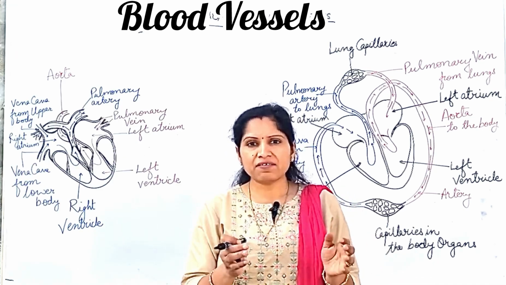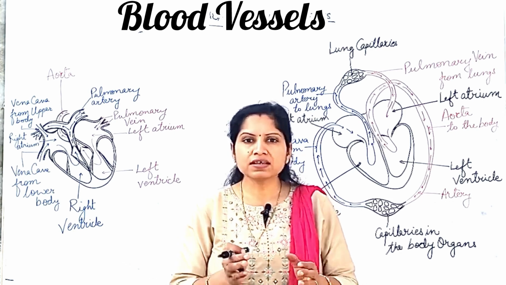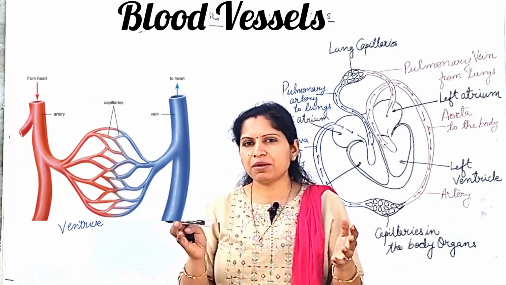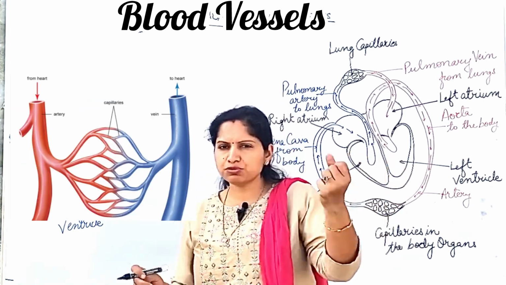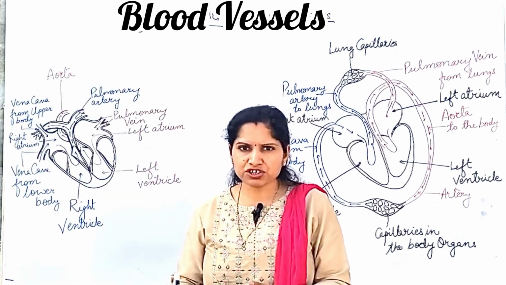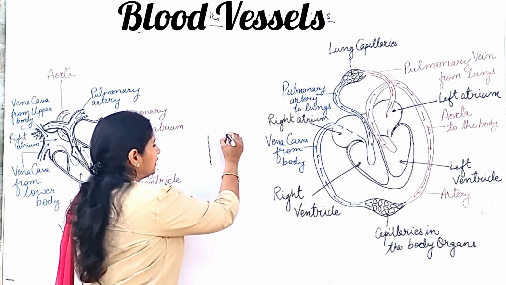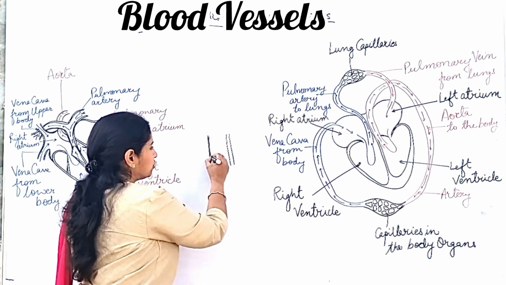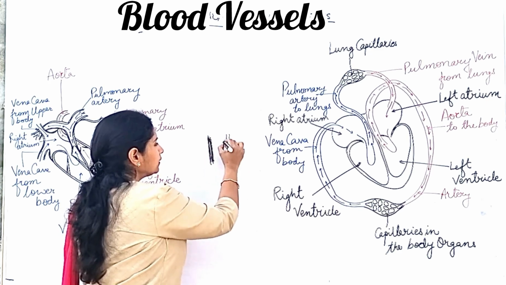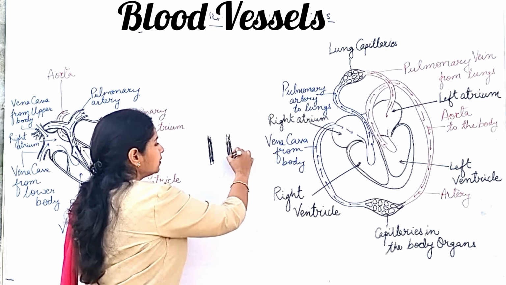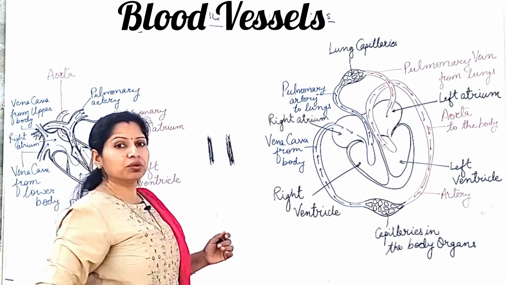So arteries are having thick walls because they have the blood under high pressure that is coming from the heart. The heart is pushing the blood. So the blood is under high pressure and so the arteries have thick walls so that they can withstand that much pressure. The walls of the arteries are thicker so that they can bear that much of pressure.